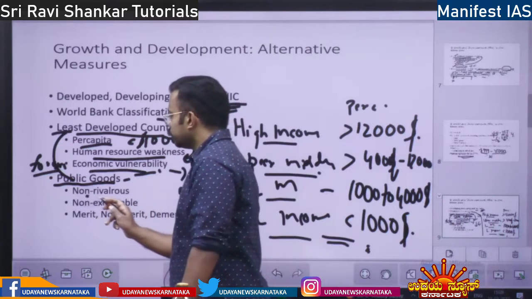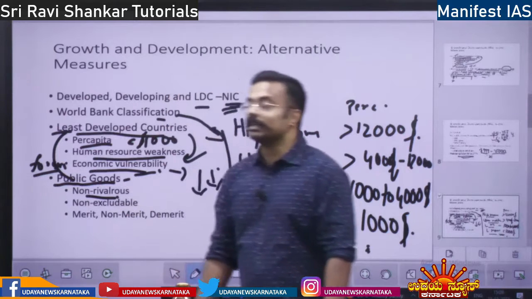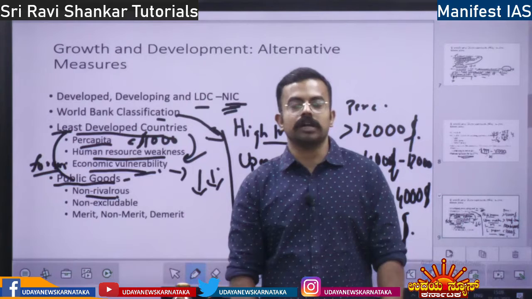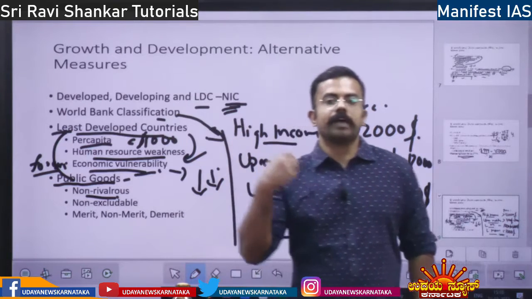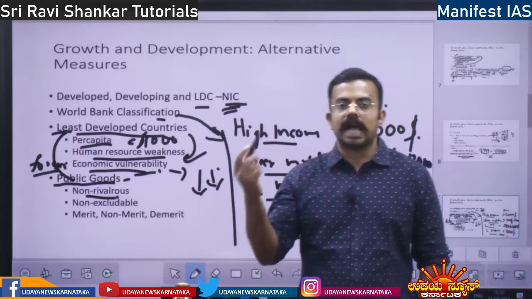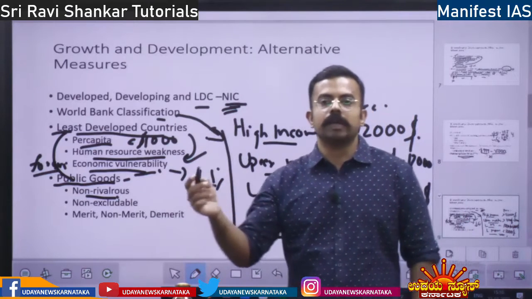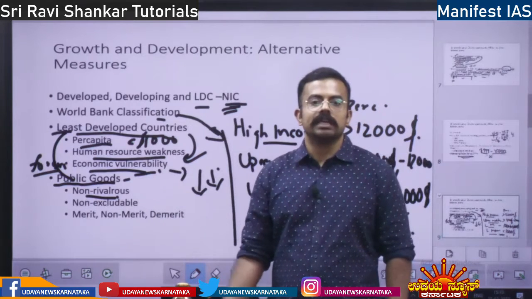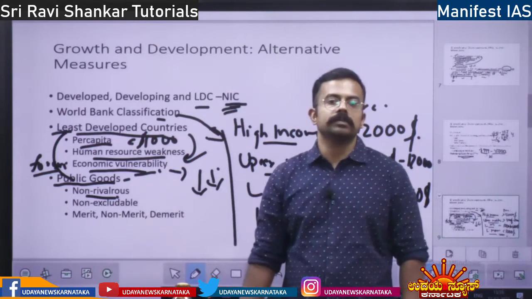So those public goods are non-rivalrous. What do you mean by non-rivalrous? See, if I go and access a public park, will it exclude some other person from accessing? No. Even some other person can also come.